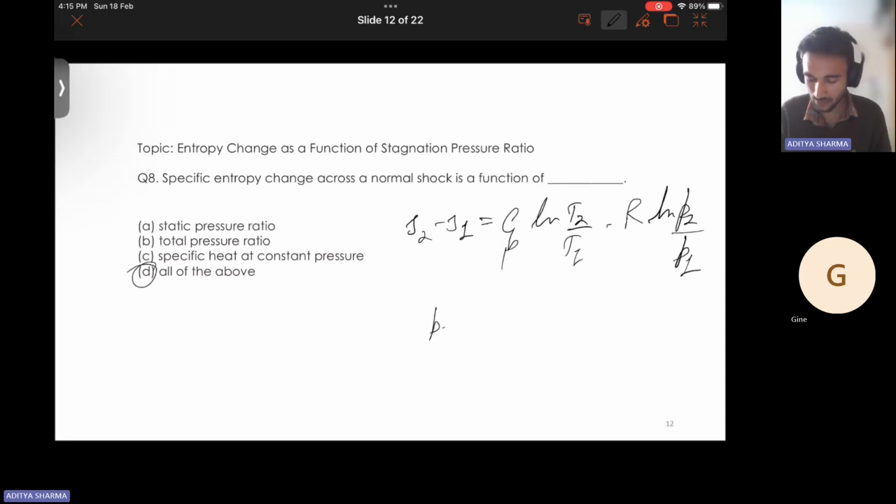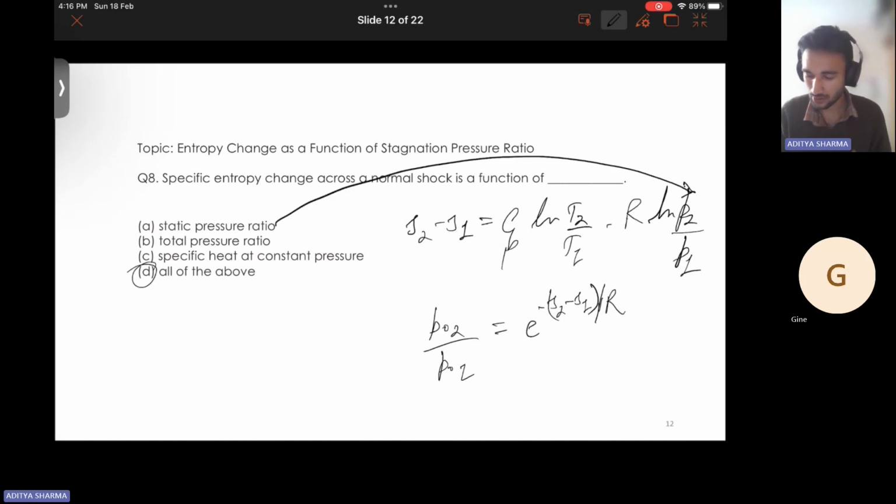And then this is P02 by P01 equals to S2 minus S1 divided by R. Here we have our static pressure ratio. Here we have our total pressure ratio. And here we have our specific heat at constant pressure. Right. So D option is correct.